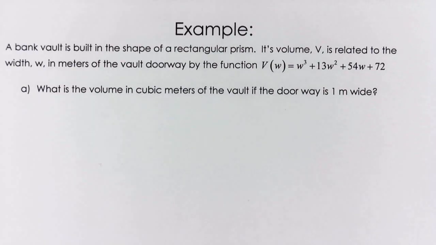A bank vault is the same shape as a rectangular prism. Volume is related to the width, W in meters, of the vault doorway by the function given. What is the volume in cubic meters if the doorway is 1 meter wide? Super easy question, folks.